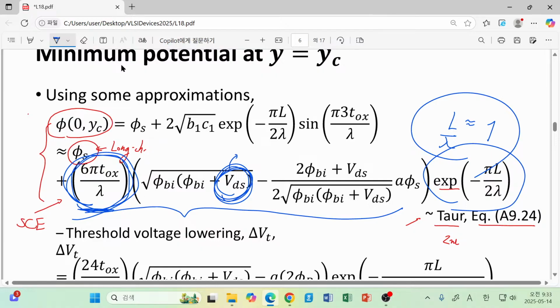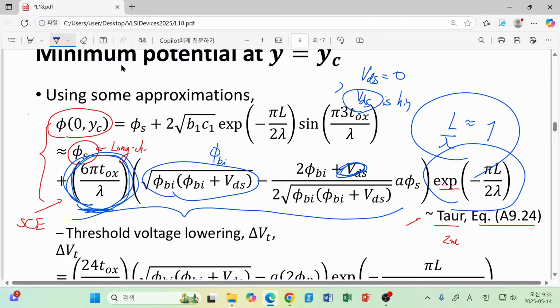So now we can think about two different extremes. Now the length scale is given, and we can think about two cases: one is 0, and another one is a very high one. If we have just number 0, then what will happen? In this case, we will just have a phi e, and here we have nothing, and this becomes just a phi e, so they just cancel each other out.